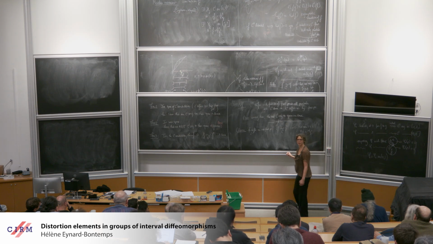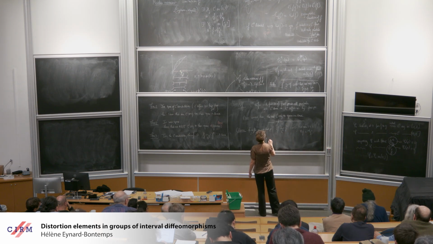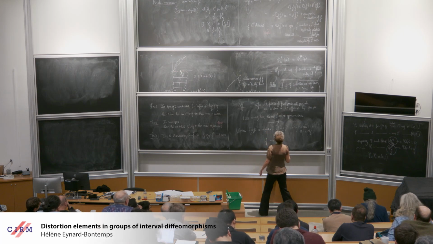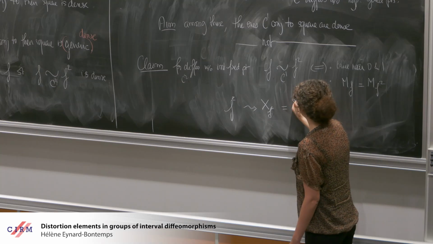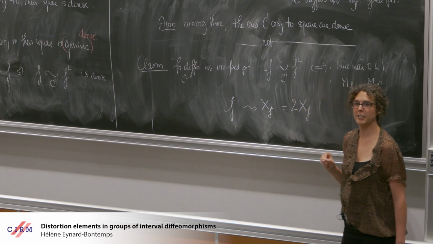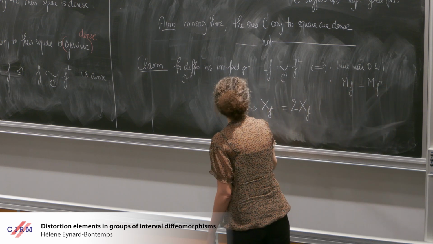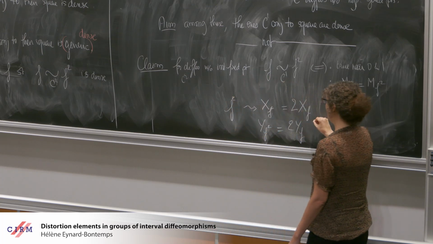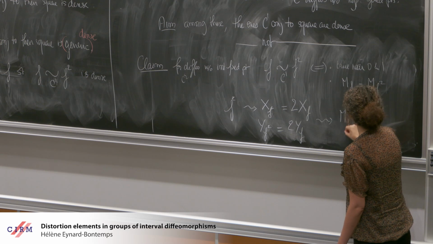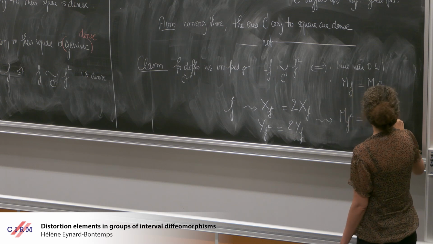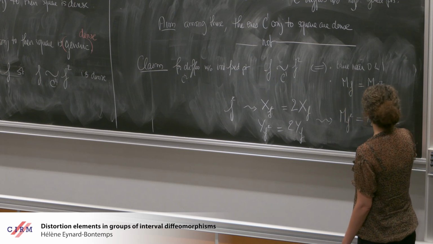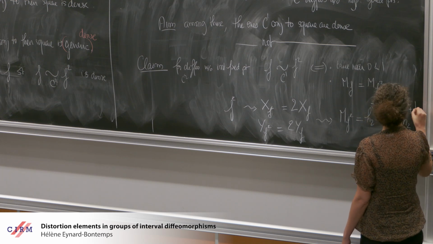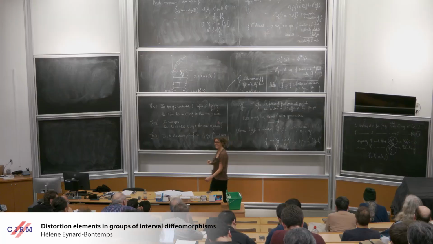But what is the matter invariant of f squared? If you have f squared, the C1 flow on the left that generates f squared is twice the vector field that generates f. And the same for the vector field on the right. So it's not difficult to prove that the matter invariant of f squared is the matter invariant of f conjugated, I don't know in which direction, by a homothety of ratio 2.